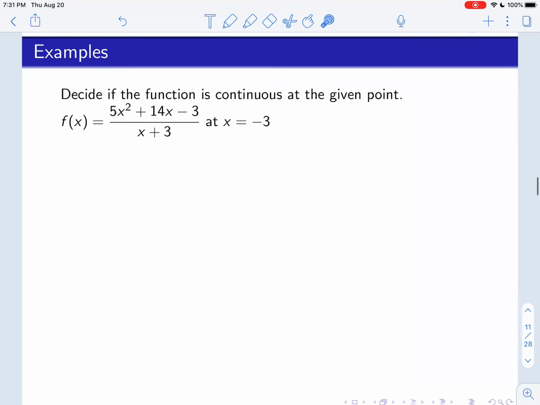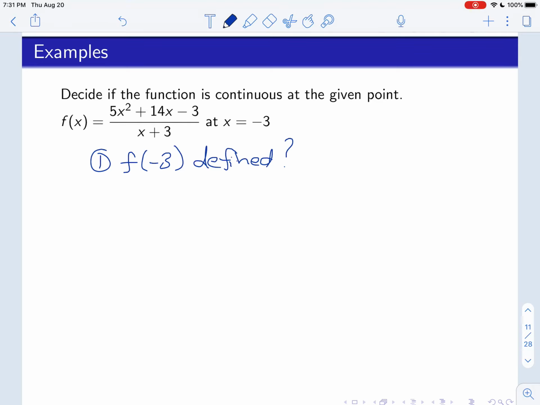So let's decide if this guy is continuous at x equals -3. So back to our checklist. The first thing in our checklist was that f of -3 should be defined.